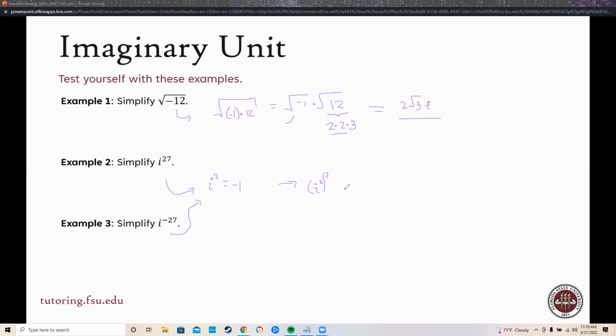Regardless, if it's an even power of this thing, then it'll be +1, and if it's odd, then it'll be -1. So this right here is -1, and this is still 26. This is 26 times another i, because we have i to the 27. So this whole thing ends up being -i.